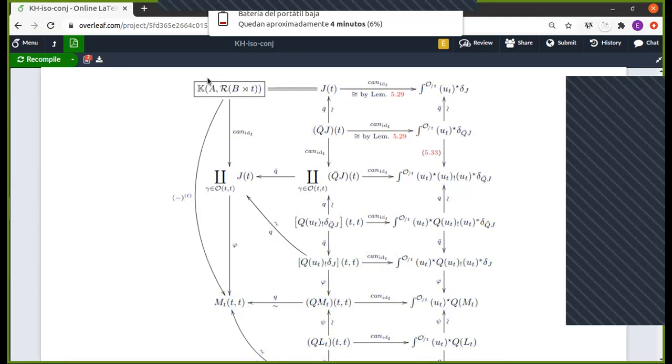Here J is the name we put to this functor. J is a functor from Org-fin into spectra. It only depends on one variable T. It's a covariant functor. So this delta is considering the functor J as a bifunctor, adding a constant contravariant variable.